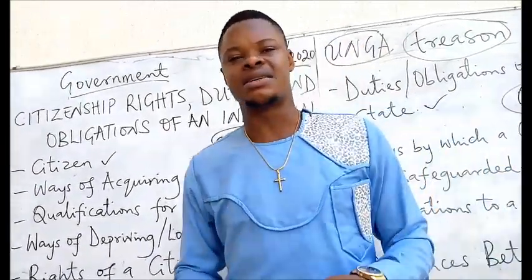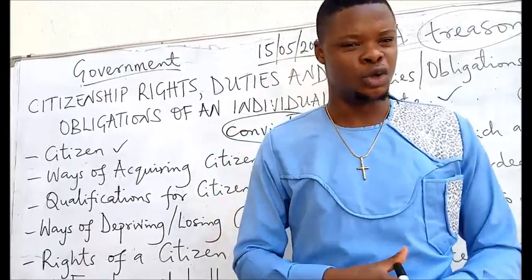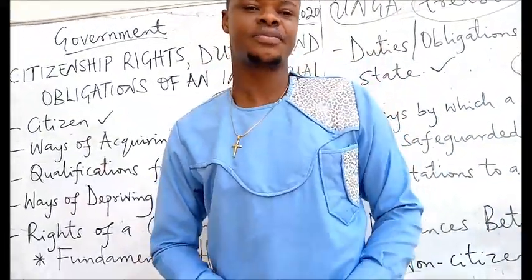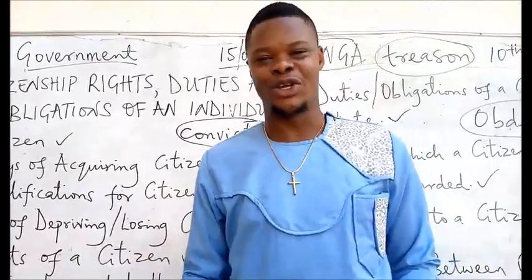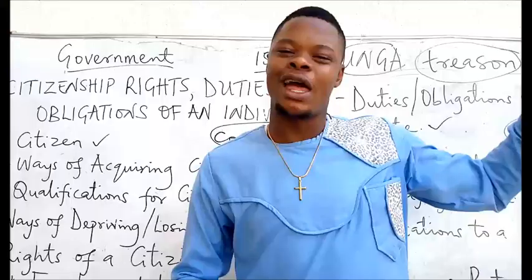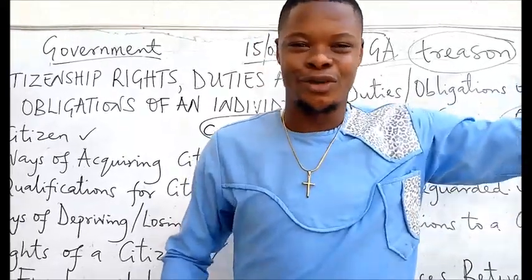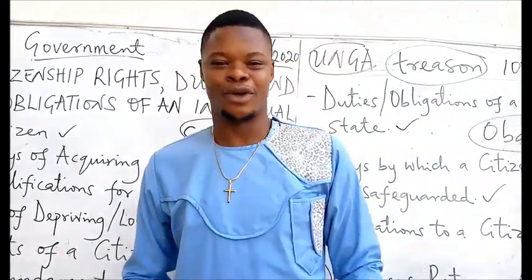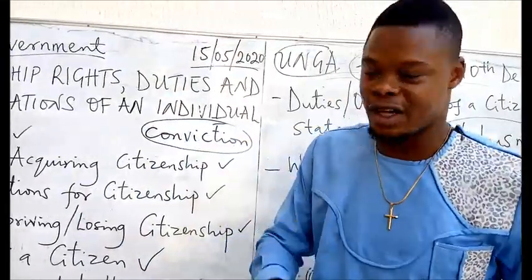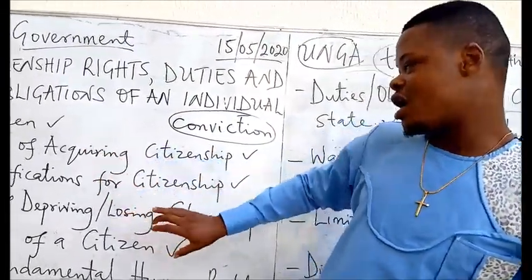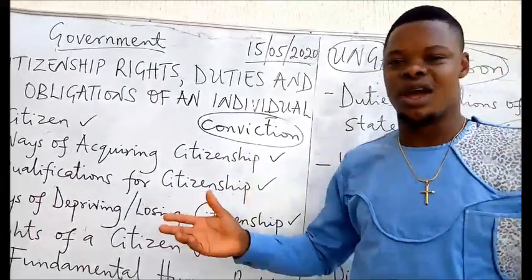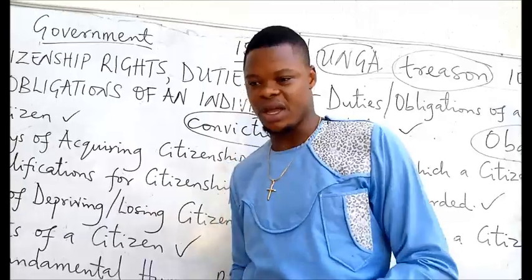Then a citizen can vote and be voted for during an election, while a non-citizen cannot. American election is coming up very soon. As a Nigerian, you cannot go to America and have the right to vote and be voted for, because you are not a citizen. It's only when you acquire the citizenship of the country through any of the ways we discussed here that you are eligible to vote and be voted for.